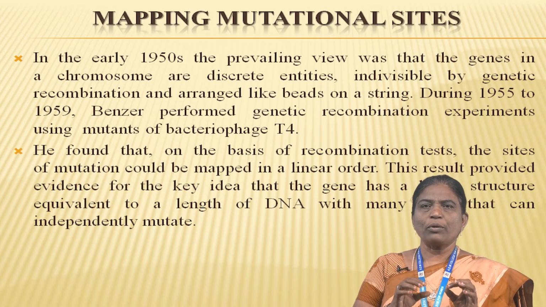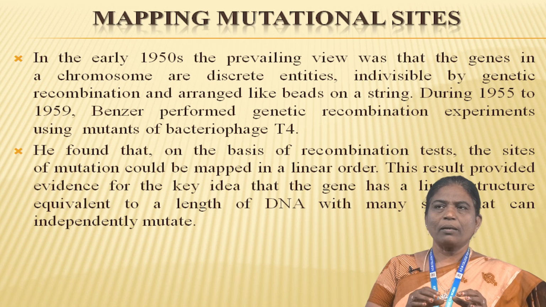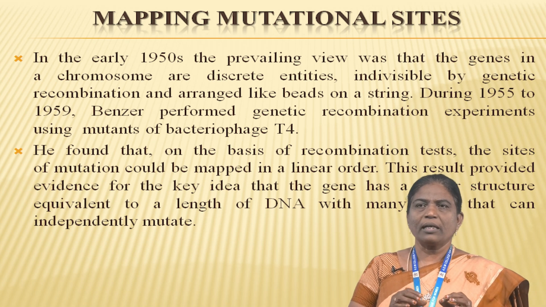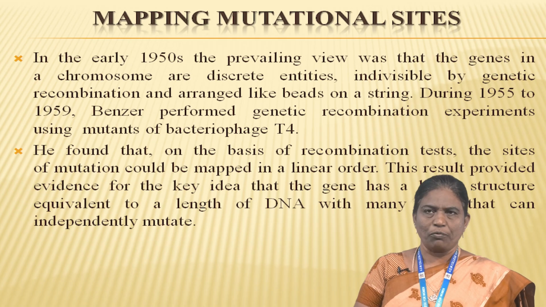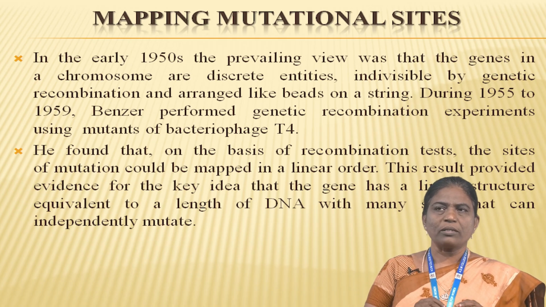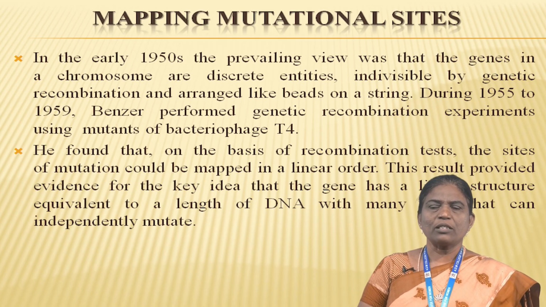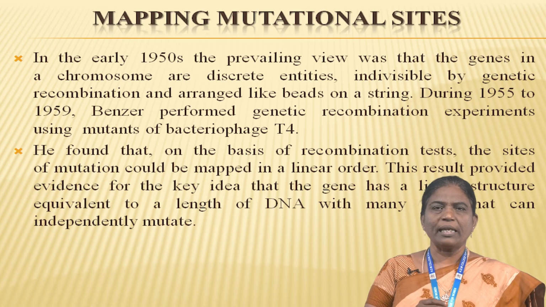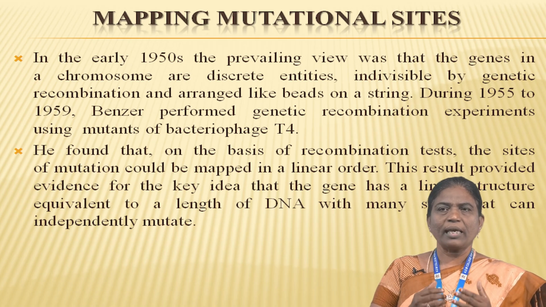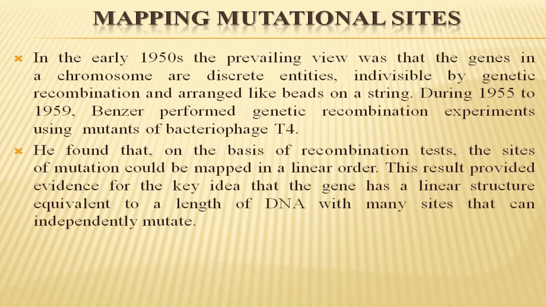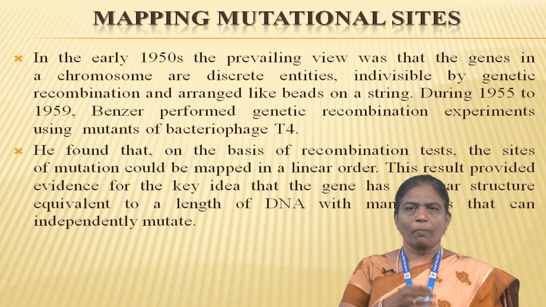During 1955 to 1959, Benzer performed genetic recombination experiments using mutants of bacteriophage T4. He found that on the basis of recombination tests, the sites of mutation could be mapped in a linear order. These results provided evidence for the key idea that the gene has a linear structure equivalent to the length of the DNA with many sites that can independently mutate.